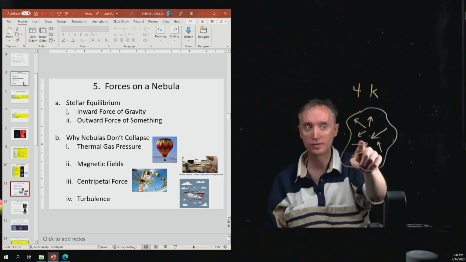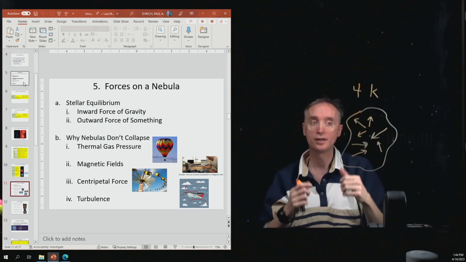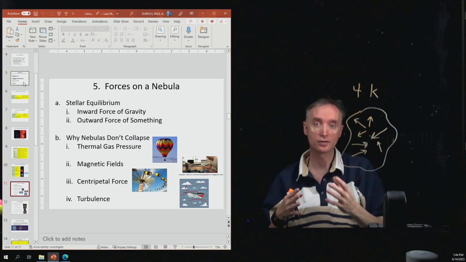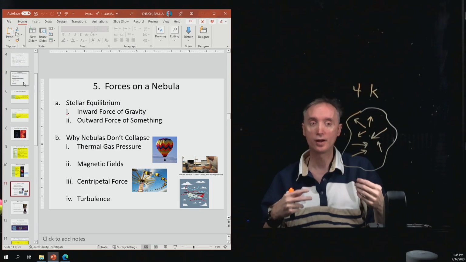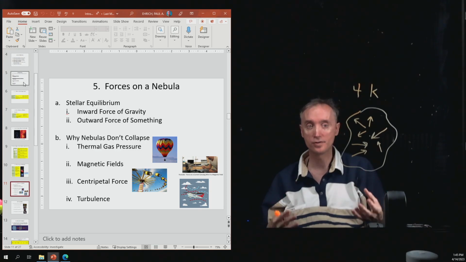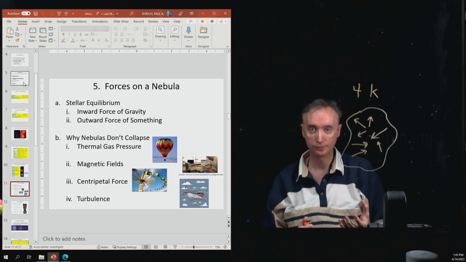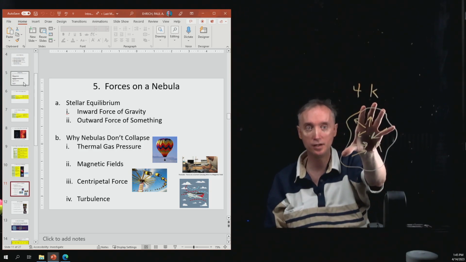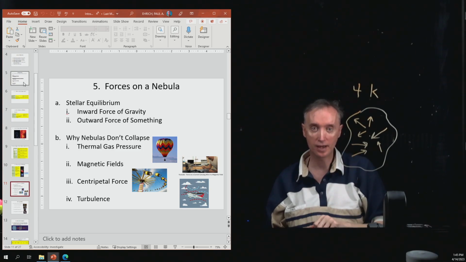The fact that the gas is at a certain temperature means that the molecules are moving at a certain speed, and the greater the temperature, the greater the speed, and the greater their pressure is going to be. So that's one thing that's going to keep this cloud from collapsing. Another thing is magnetism. I know it's almost impossible to read on there, but I do have a caption underneath that picture.